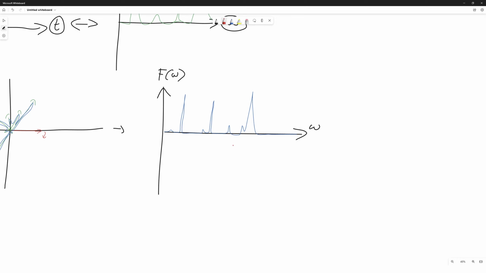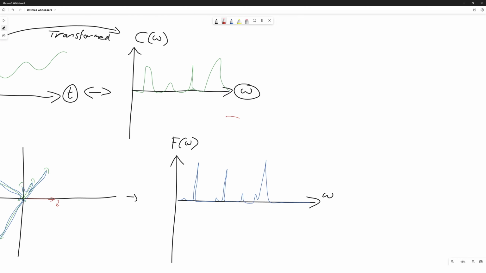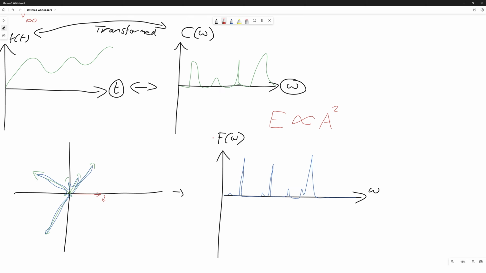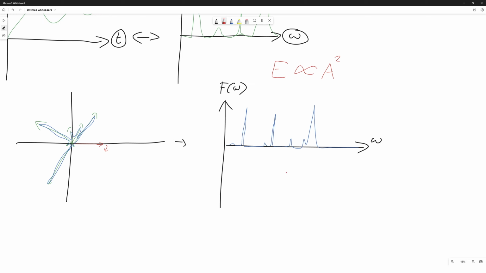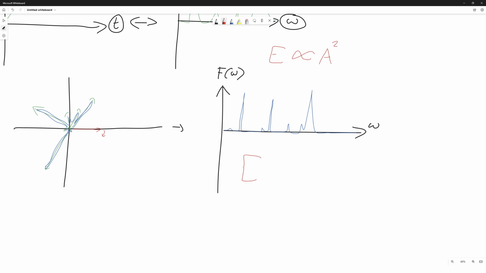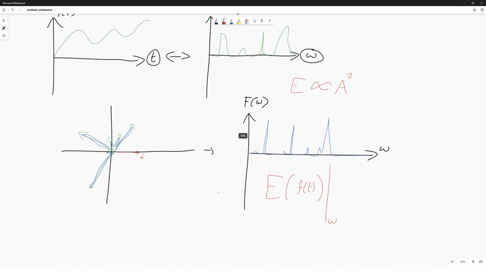And to go even deeper, in physics we learned that the energy of a wave is proportional to the square of its amplitude. And because here we have the amplitude of the frequencies, what we essentially have is the energy spread, right? So we have the energy of our function at a specific omega.